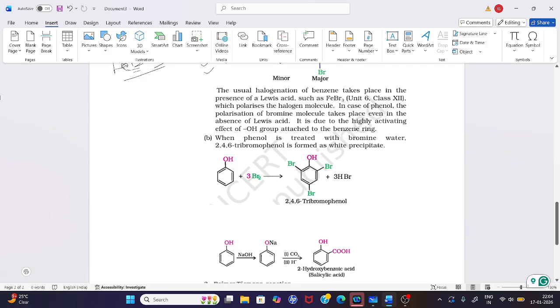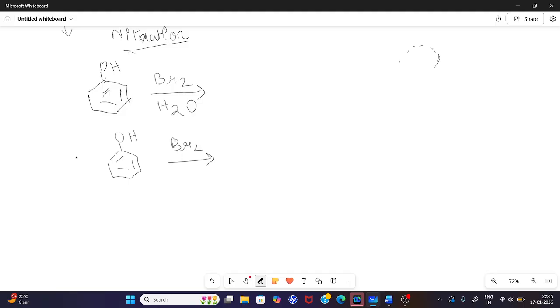In one case you are performing the bromination reaction in water, that is bromine water, an aqueous solution of bromine, and in the other case you are carrying out the reaction in a non-protic and non-polar solvent like carbon disulfide.